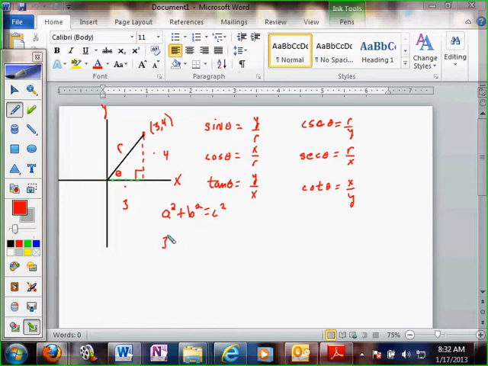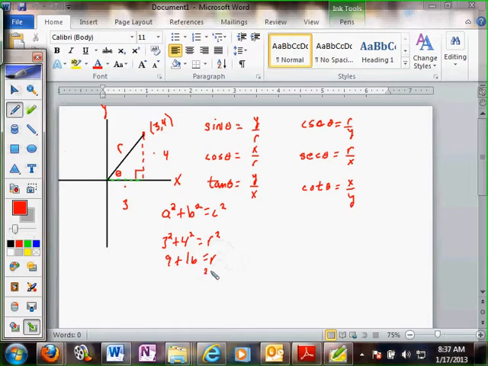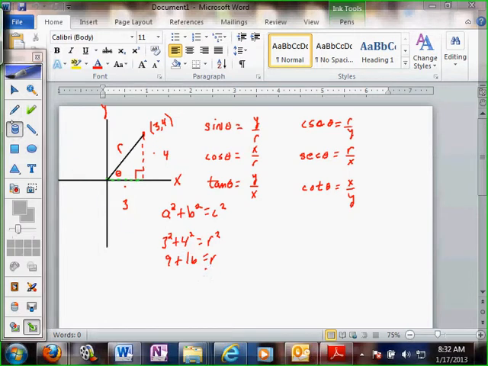So I have 3 squared plus 4 squared is equal to r squared. 9 plus 16 is equal to r squared. 25 is equal to r squared, and r is equal to 5 when I take the square root.